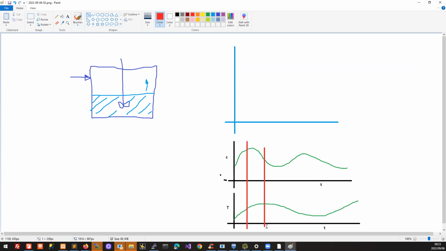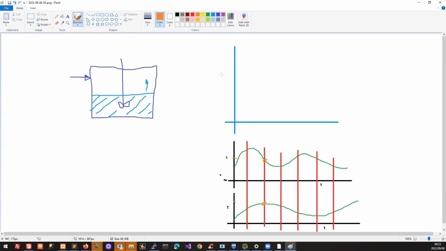We pick some time values and look at both the concentration and the temperature. If we read this point, we can pick out a concentration value and also read up the temperature value at that time.